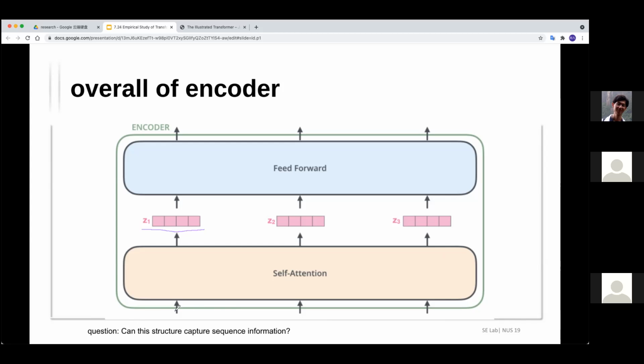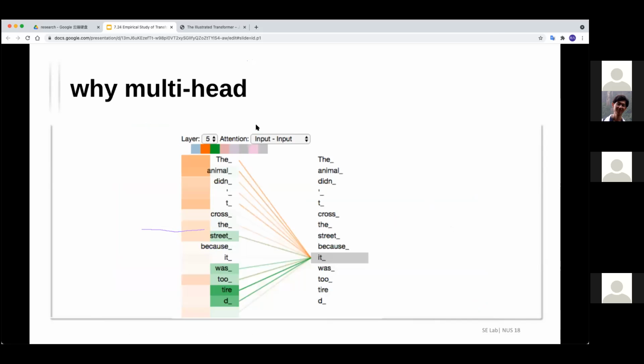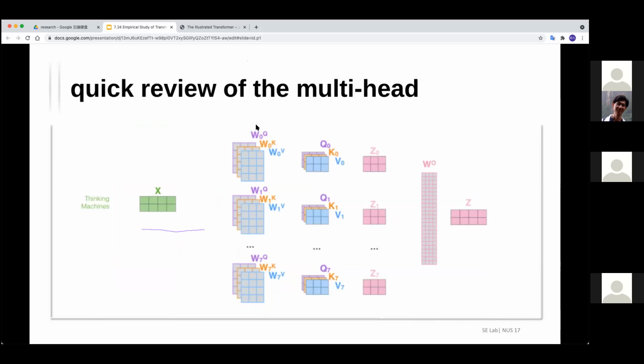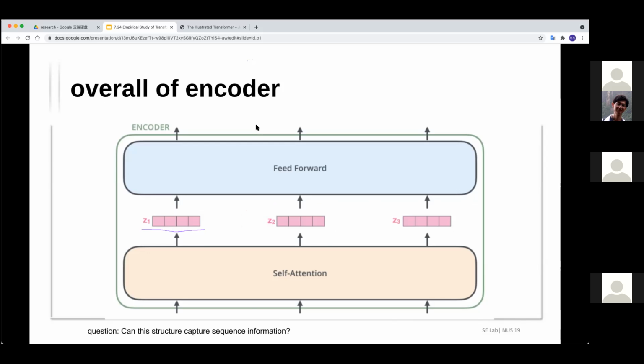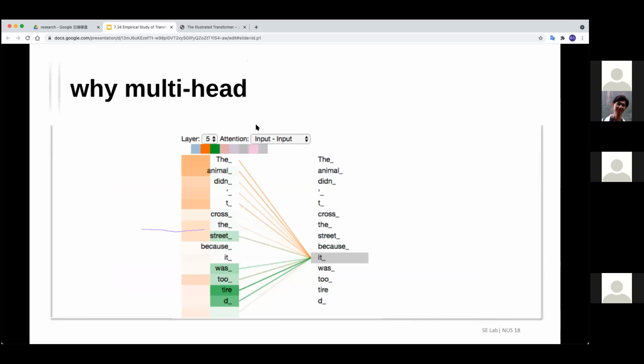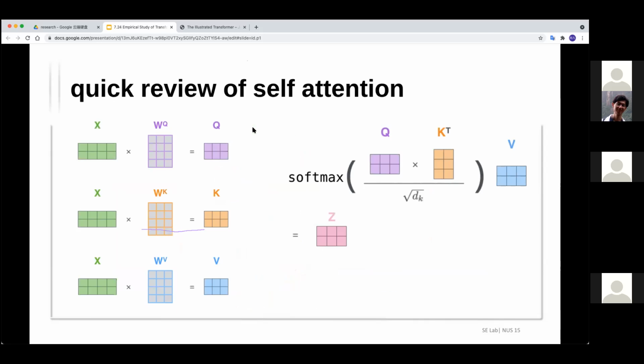Maybe Xiangling. I think yes, because you calculate... Oh, which structure do you mean? The encoder? The encoder, yeah. Yeah, I think so, because you have self-attention and you look at your whole sentence. But you can see here is a formula.